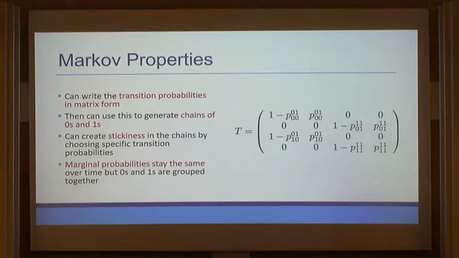Alternatively, if you want something quite structured like 0, 1, 0, 1, then you can make this probability quite high. It's also important to note that you can keep the marginal probabilities the same as a Bernoulli distribution. It's just that the zeros and ones will now be clustered together instead of quite random.